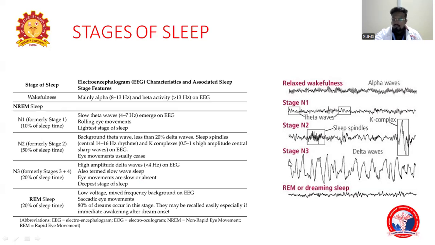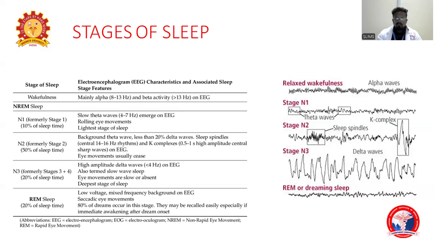Then in stage N3, we see delta waves. In REM, this is the pattern we see. In wakefulness, mainly alpha, that is 8 to 13 hertz, and beta activity of more than 13 hertz is seen on EEG.